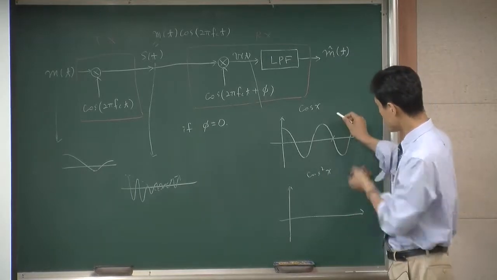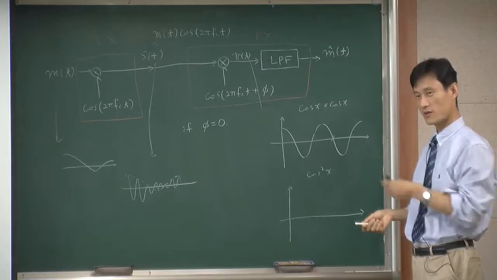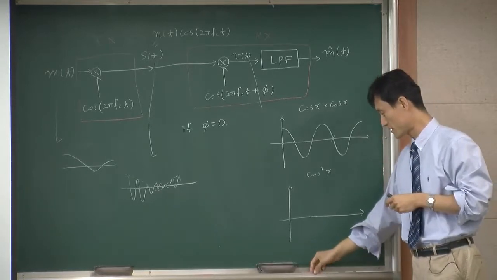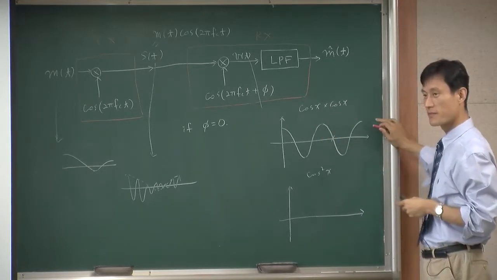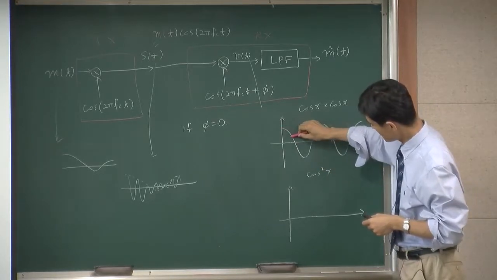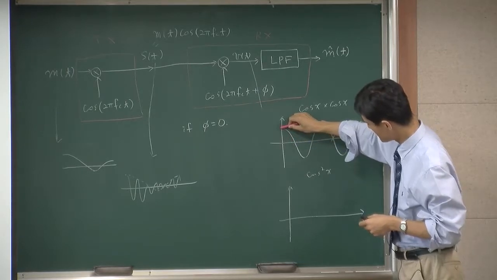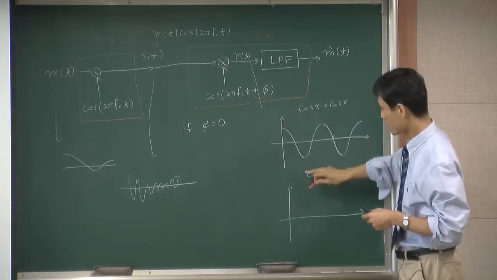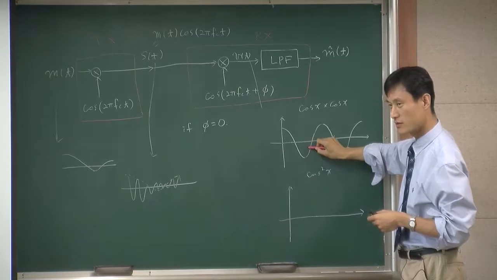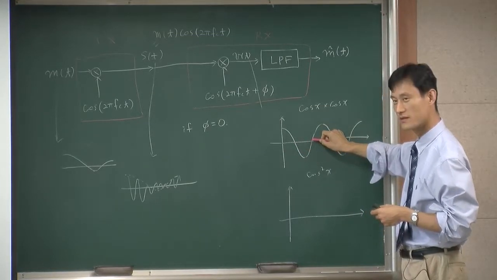So cosine square is basically cosine times cosine. You multiply cosine 2 times. When you do that, here it's positive, and you are multiplying the same thing again, so it becomes positive again. Here is a negative value, but you are multiplying negative with negative, so it becomes positive, right?